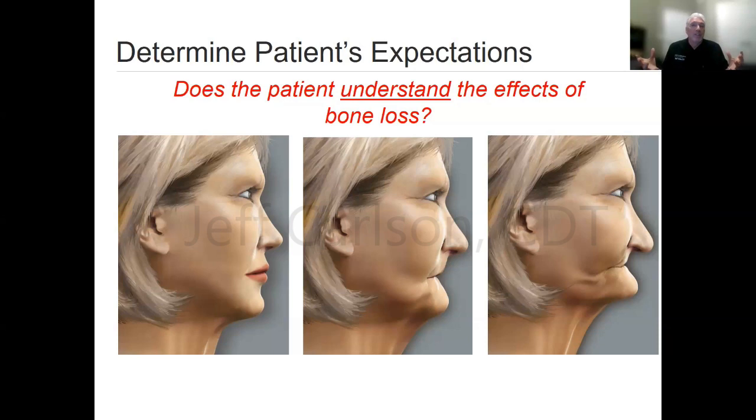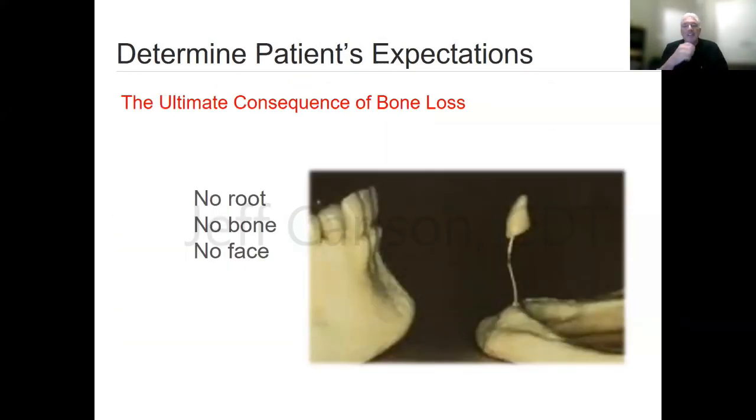It thinks it's a root of a tooth and maintains bone there, as long as it's not overstimulated, periodontal disease, etc. So this is your challenge: how do you share that with a patient? Photos are a great way to do that. When you start thinking about what we're trying to do for these patients, it can be pretty significant. This is a long time. I've had this photo for many years.